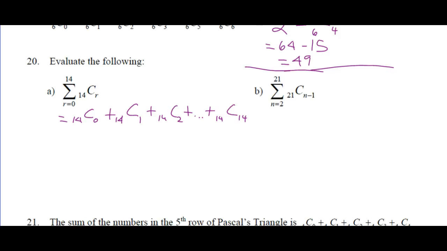How many terms are there? 15. Which row of the triangle is it? 15th row. What's the sum? 2 to the 14, right? That just comes from here. So that's 2 to the 14. 1024, 2048, 16,384.